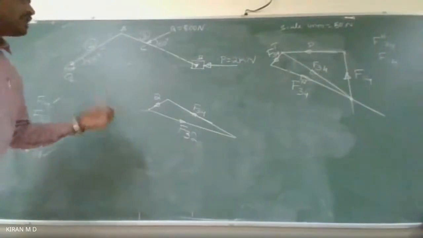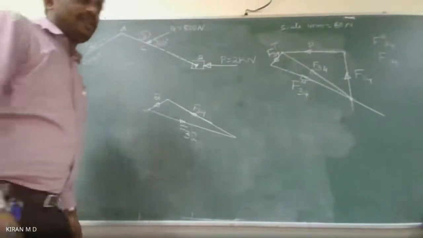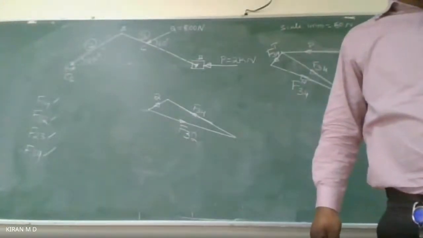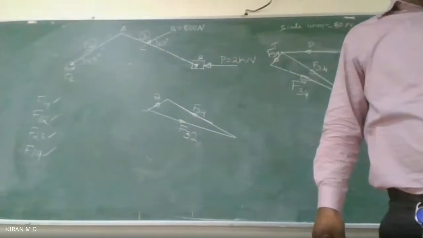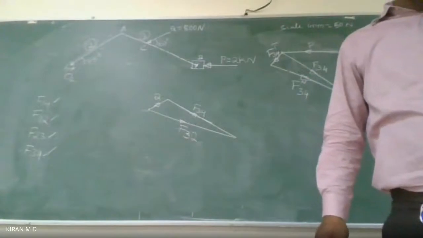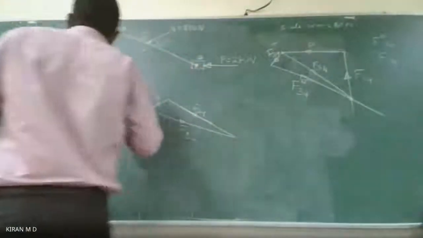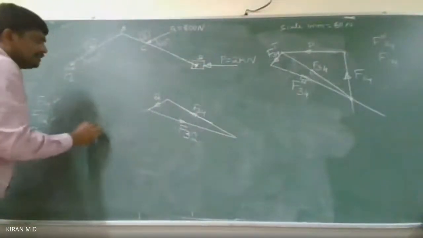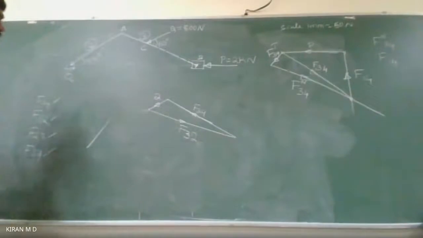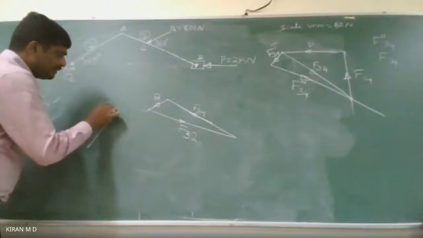Yes, sir. Okay. So now, what is left? We are left with F12. How can we find F12? See, this is acting on the crankshaft. This is the crankshaft. We got the direction of F32.